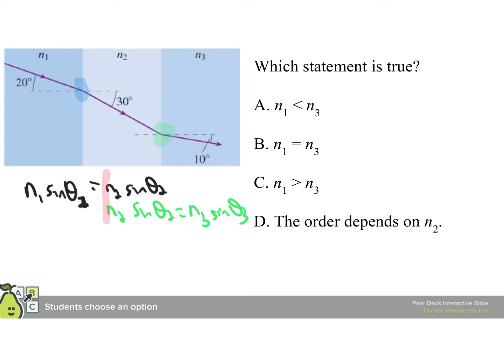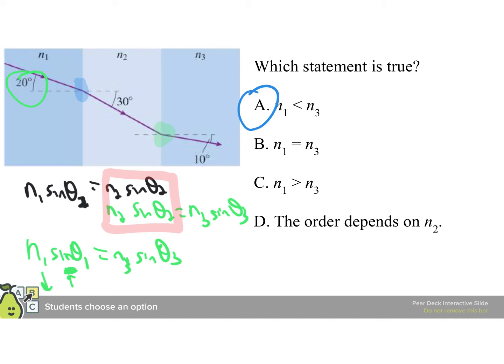But by the transitive property in mathematics, since they're both the same thing there, we end up that N1 sine theta 1 is N3 sine theta 3. We can see that theta 1 is larger, so sine of theta 1 is larger, which means N1 must be smaller. We have that one.